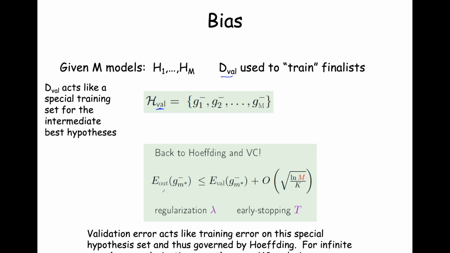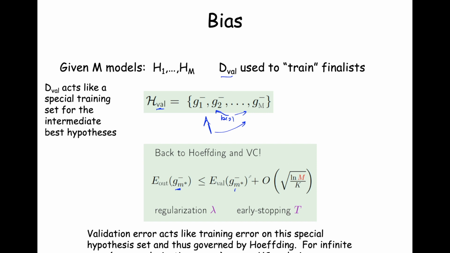And so we can think of it as E out of our GM star minus, that is the best of these GM minuses. That E out on that selection, that final best hypothesis from this hypothesis set, is what you get from using DVAL. That's going to be at most E val on that final best hypothesis from HVAL, plus a complexity term.